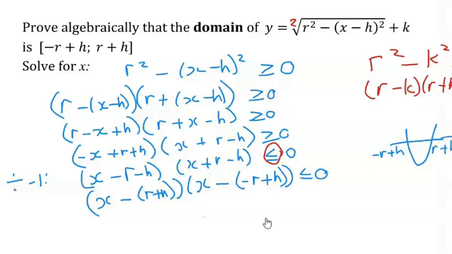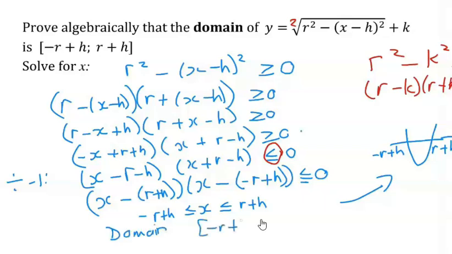So that means my x, to be negative, should be in between minus r plus h and r plus h from that graph there. I can also not change the sign and just use the concave up graph. So that means that our domain will most definitely be from minus r plus h to r plus h. That is our domain.